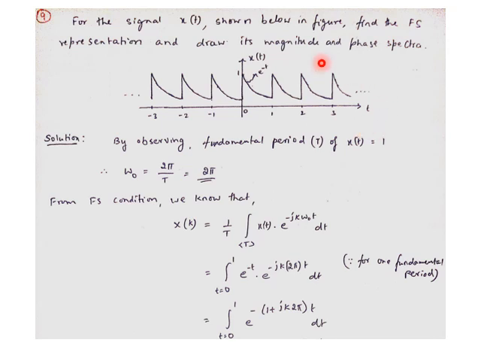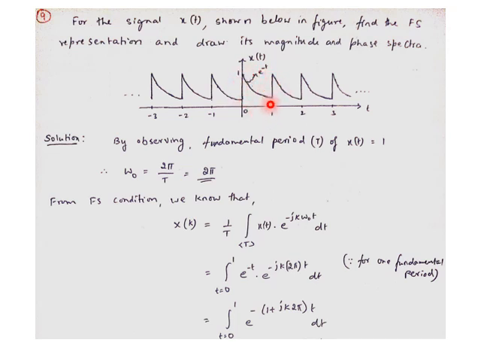So the given waveform, if I look, is an exponentially decaying function, and it is repeated for every time interval of 1. So the fundamental period I can observe from this as T equal to 1.